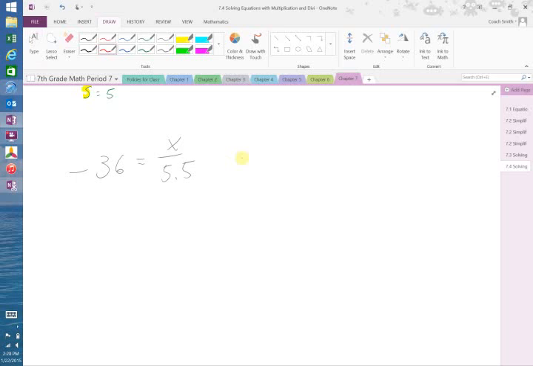Remember that these two expressions are exactly the same. They are equivalent. So whichever way you see to solve it, then rearrange it like you need to rearrange it.